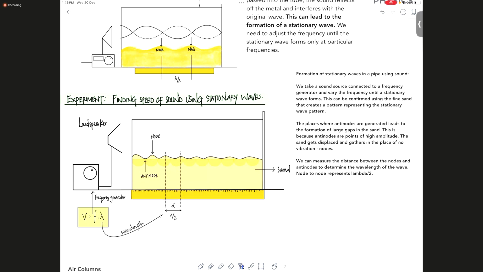Right, so that is the experiment that you have. Now there's another version of this.